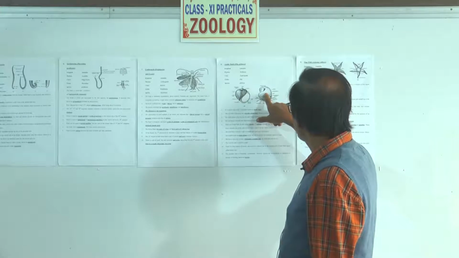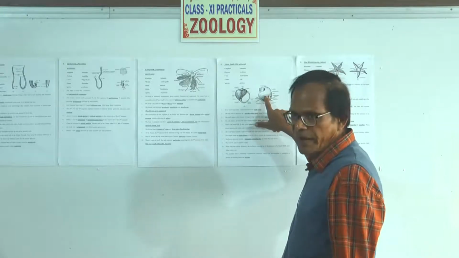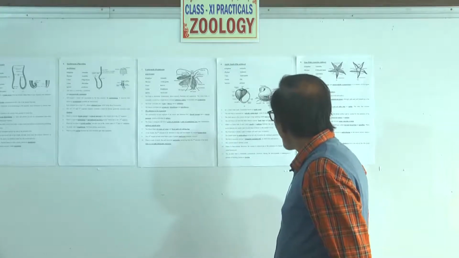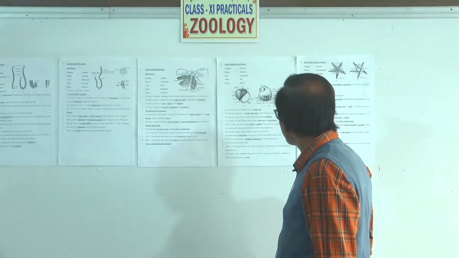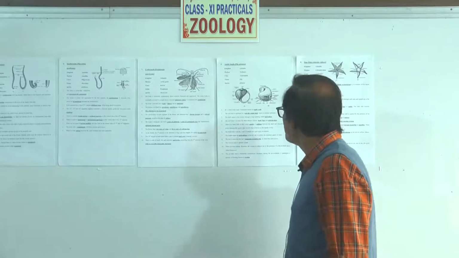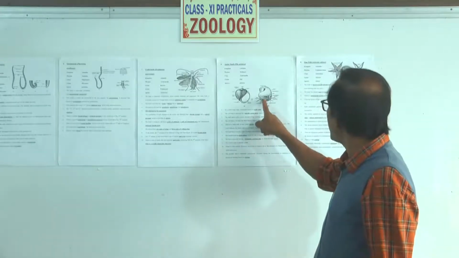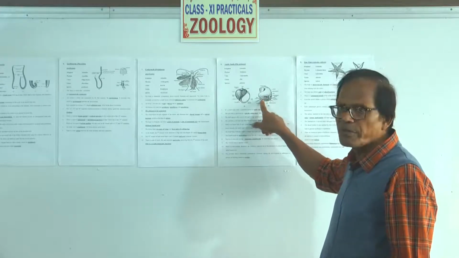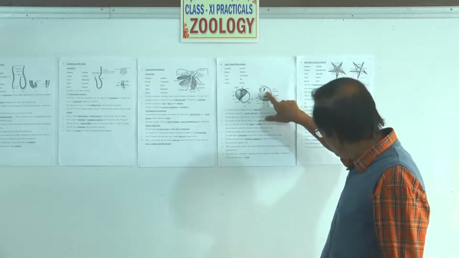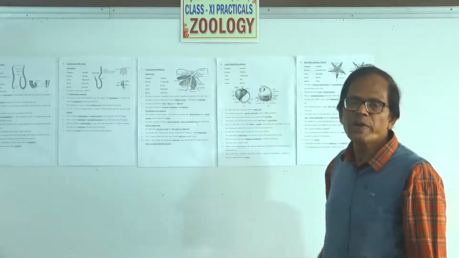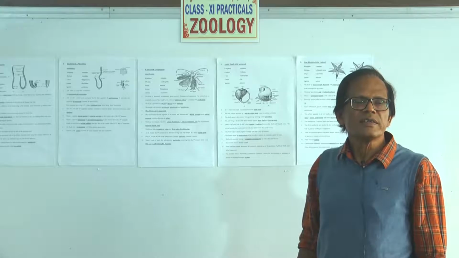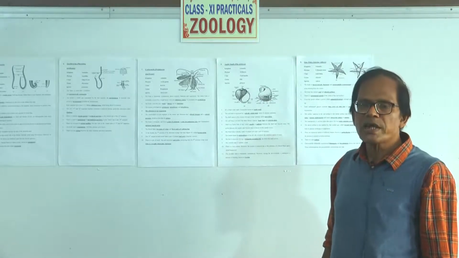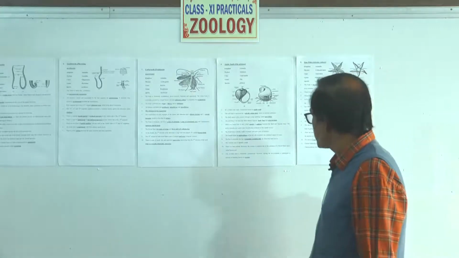This is the anterior view of the soft body of Pila. The soft body is divided into three distinct regions: head, foot, and visceral mass. This is the head. Following the head, preceding to the head, there will be a foot, and behind the head, there will be a visceral mass, that is the main part of the body. The visceral organs are present in the visceral mass.